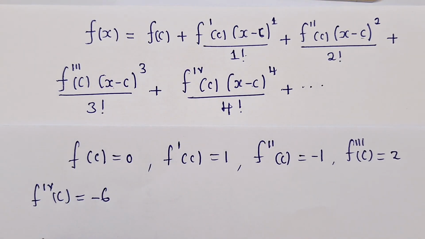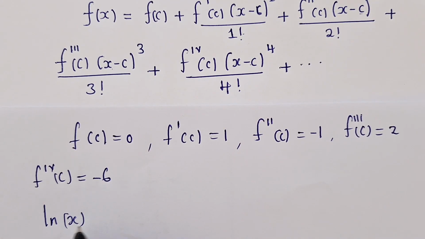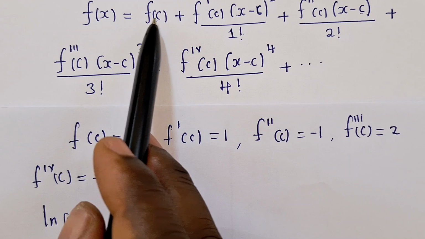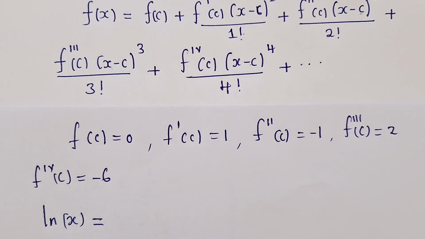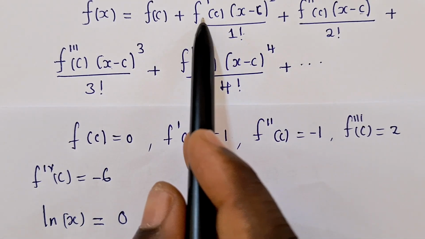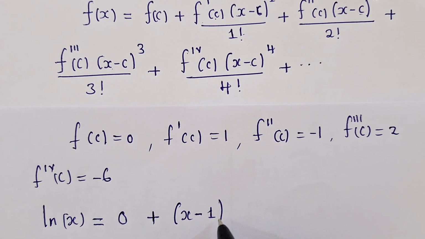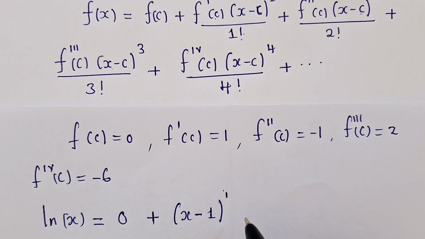So we shall say ln of x is equal to, what is our f of c? F of c is 0, so we're going to say 0, and then plus. Here there is a 1, so we put f prime of c here, it's a 1. So we're going to remain with x minus c, which is 1, then power 1 right here. Plus. Actually it will be minus, not plus.